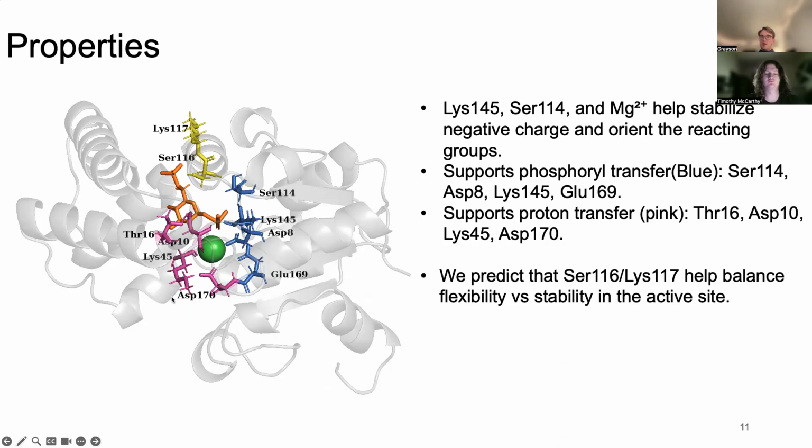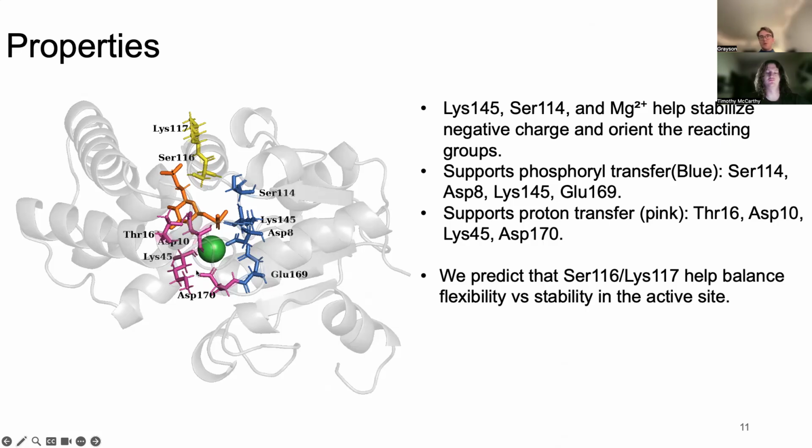The other side, which aids in proton transfer, shows thiamine 16, aspartic acid 10, lysine 45, and aspartic acid 170, which is shown in pink.